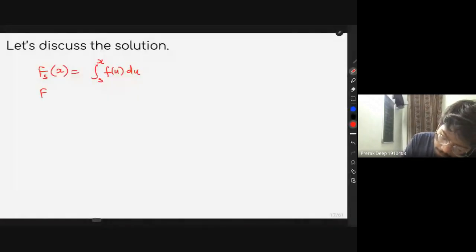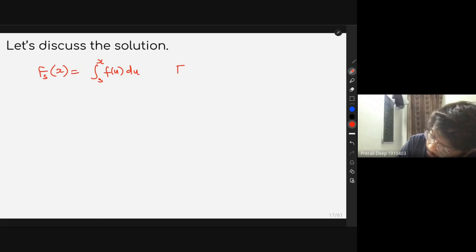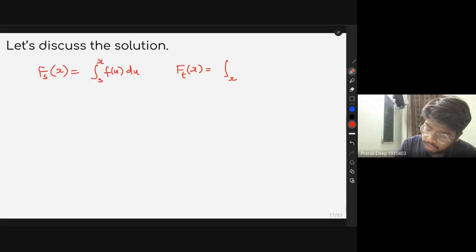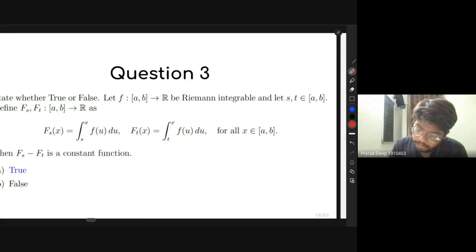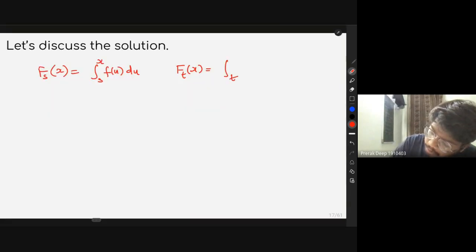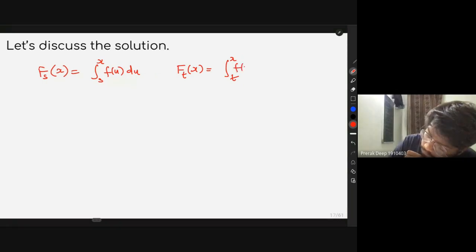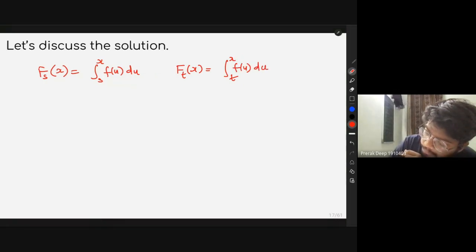And similarly, we have ft of x defined to be the integral from t to x of f of u du, and both of these functions are defined on all of a, b.